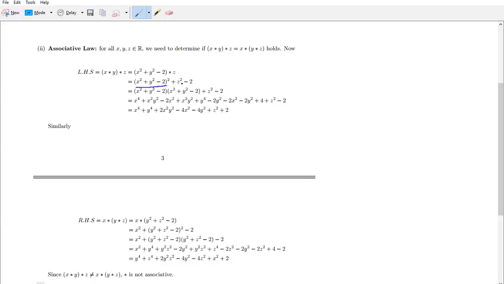This is what has happened here. Where there is x, I've replaced it with this whole thing, and where there is y, I'm replacing it with z. This squared you are seeing on top here is simply this one there.